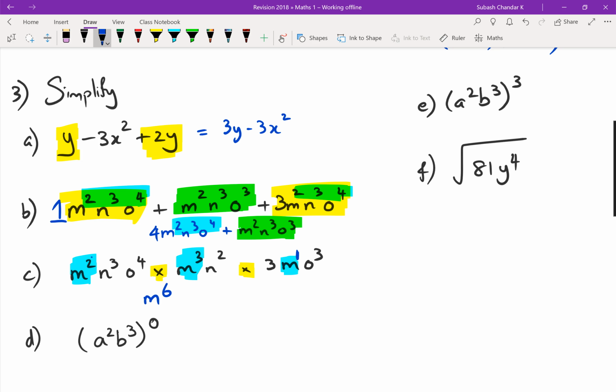Then I look at the n. The n is cubed, squared, that's it. So that means I'm going to get n to the power of 5, because 3 plus 2 is 5. And finally, I've got o to the power of 4 and o to the power of 3, which is going to be o to the power of 7. So that's where that 7 comes from.